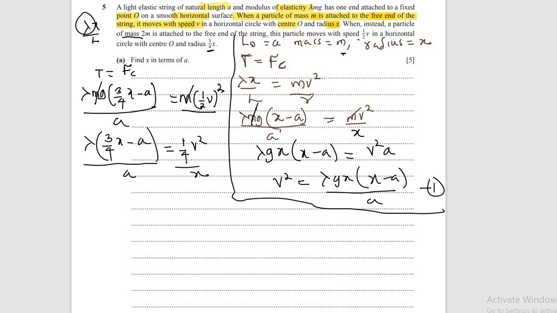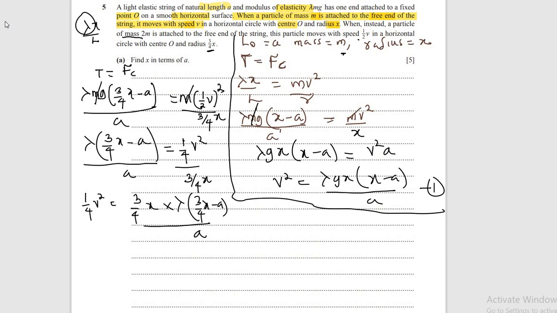The radius when the mass is 2m is 3 over 4x. So from here, when you cross multiply, we have 1 over 4 v squared equal to 3 over 4x multiplied by lambda times 3 over 4x minus a, all over a.